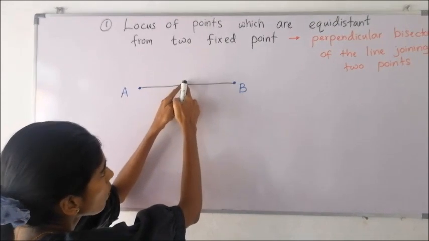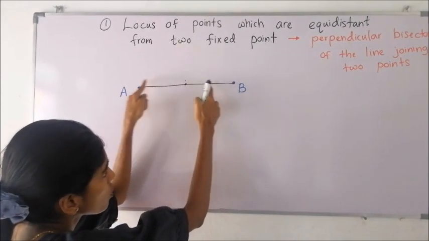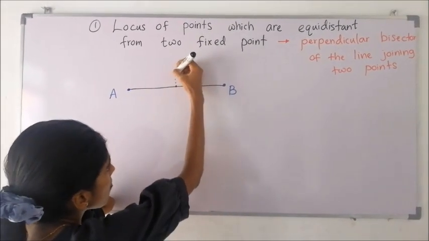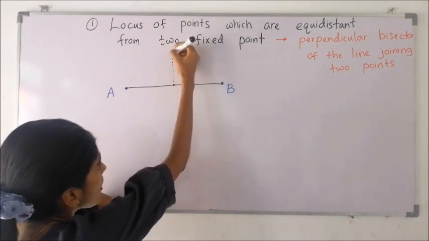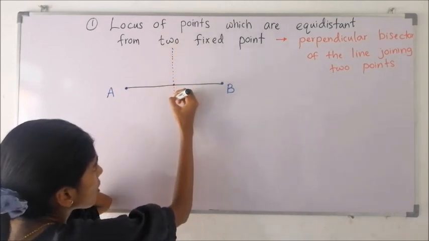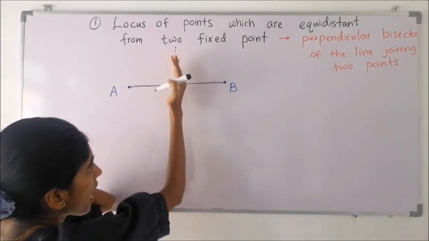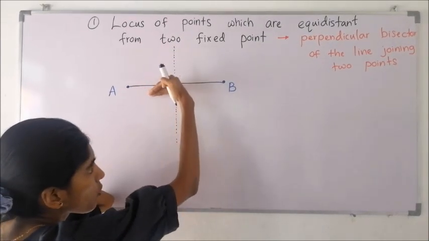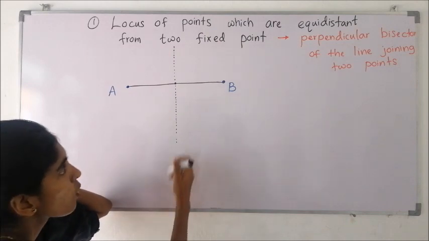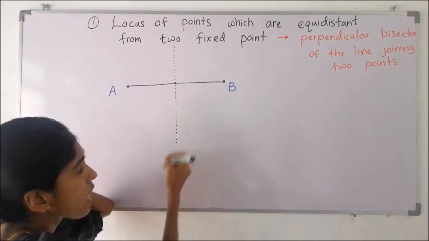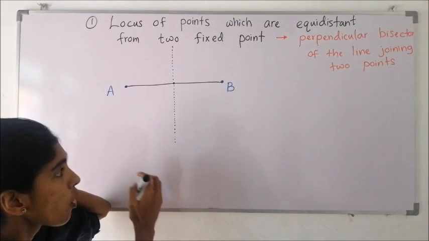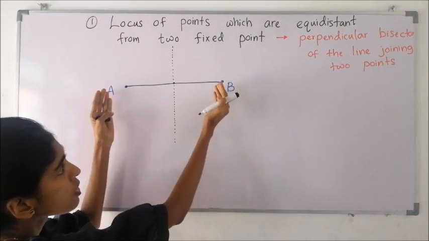This is also located equidistant to A and B. Likewise, I am marking a few points. It's a perpendicular line. We can see this line is perpendicular to the AB line. So each and every point I have drawn here is located equidistant to A and B.